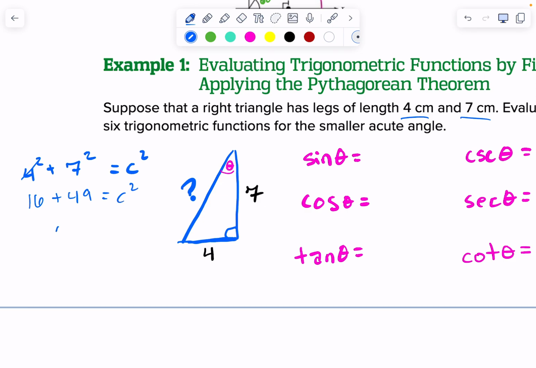That's 65. Does 65 break down into something smaller? No, it doesn't. Okay, square root of 65.